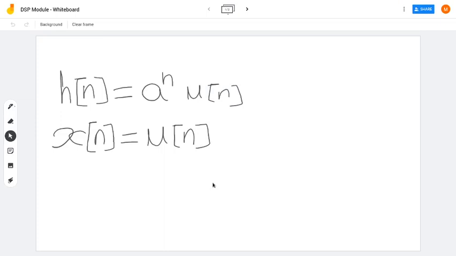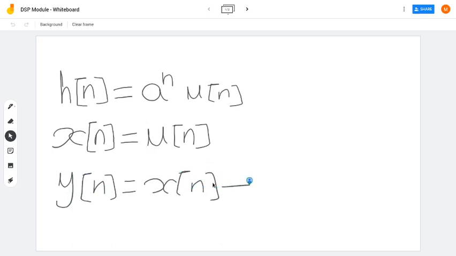So we have a system whose impulse response h of n equals a to the power n u of n, and the input is x of n. In order to compute the output, we simply write down that y of n is equal to x of n convolved with the impulse response h of n.